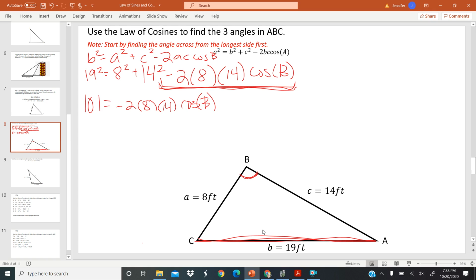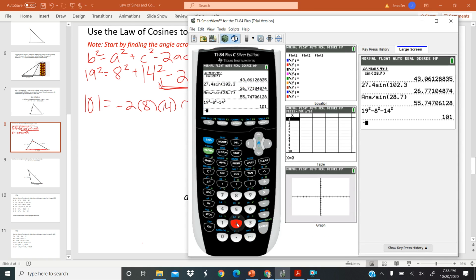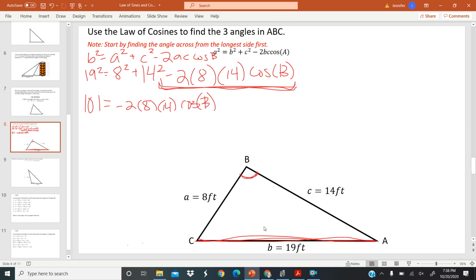So then I can get rid of the coefficient in front of the cosine of B. So I'm going to simplify what is negative 2 times 8 times 14. So we have negative 2 times 8 times 14, and that gives us negative 224. So we have 101 equals negative 224 times the cosine of B. So now I want to divide by negative 224.